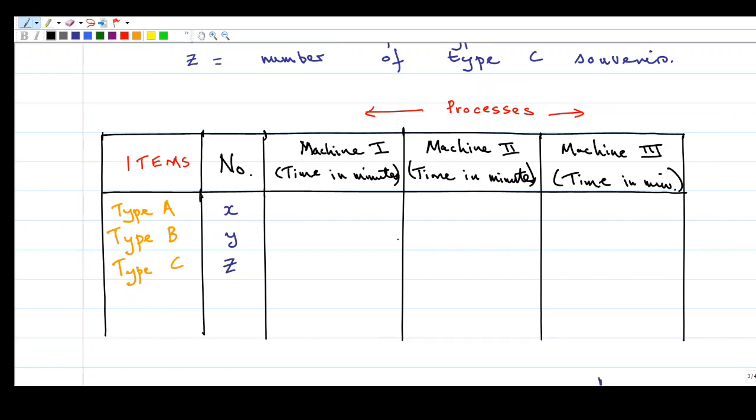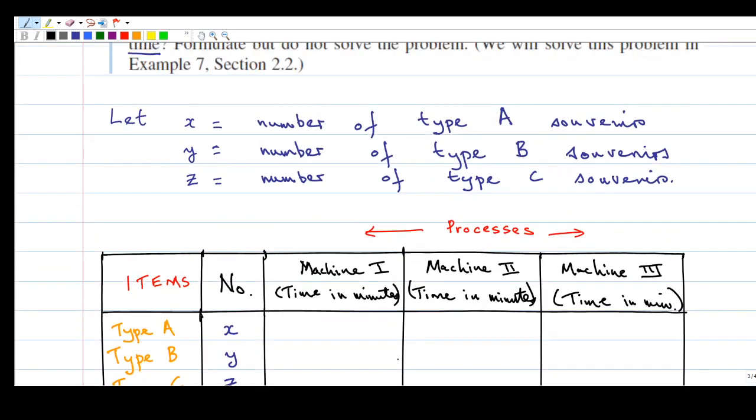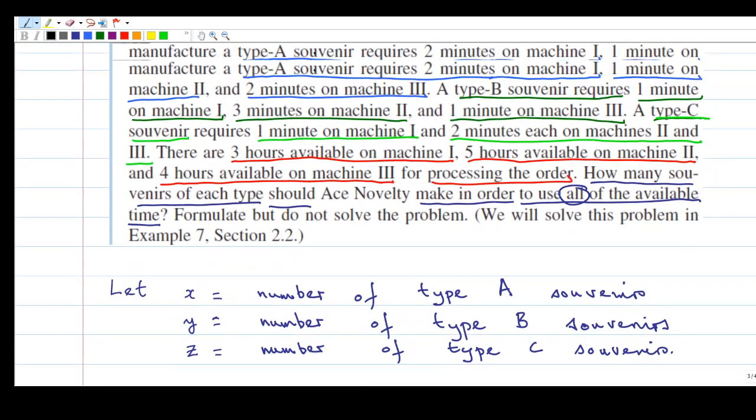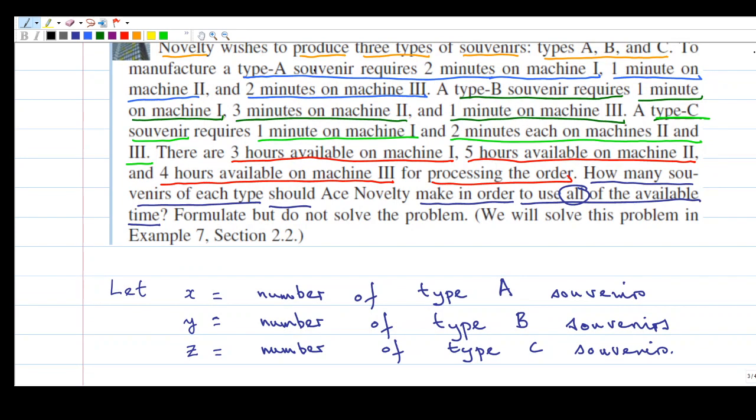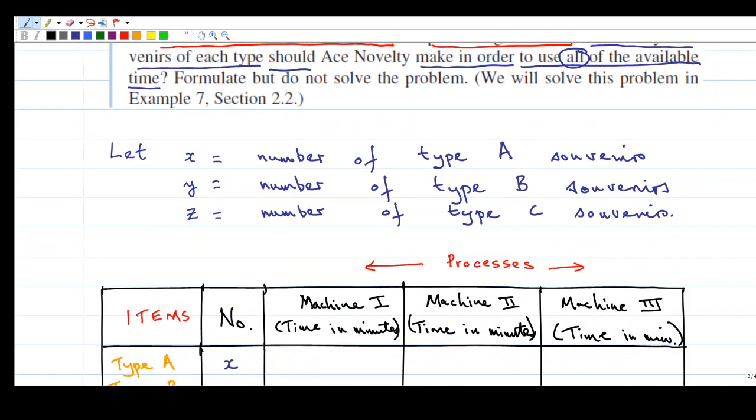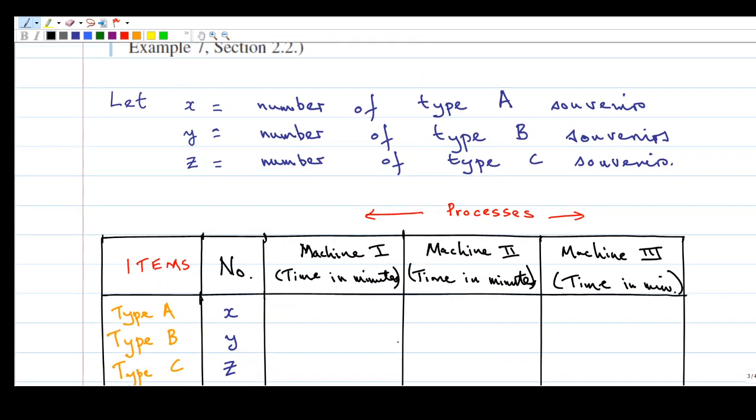Right, so if we go back for the type A souvenir, right, it's underlined in light blue. So it's 2 minutes on machine 1, 1 minute on machine 2, and 2 minutes in machine 3. So here we can put in 2, 1, 2, the time in minutes.